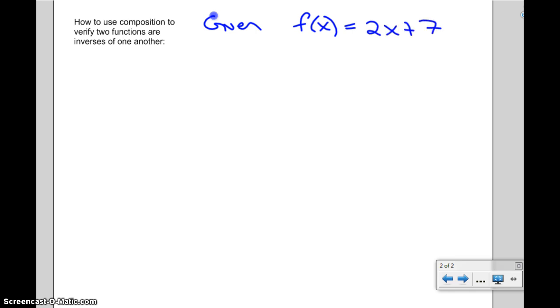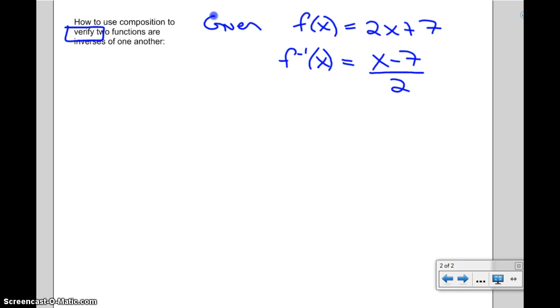And then you're also told that the inverse, so remember that little -1 exponent means inverse, is supposed to be x minus 7 divided by 2. Well, that's great, except what I'm really looking for here is, are these actually inverses of each other? Let me verify that.